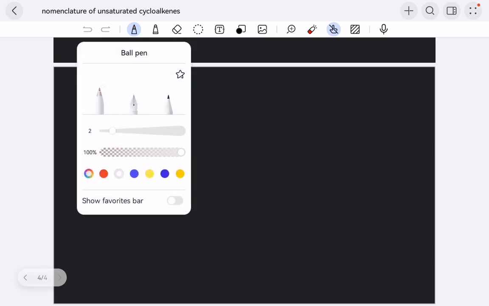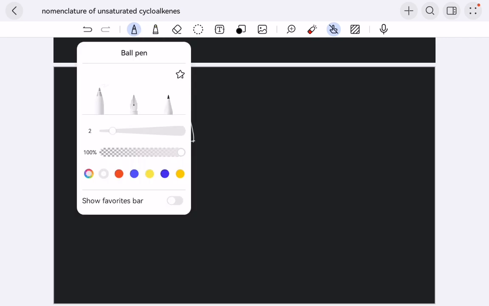Let's look at another example, which we're going to call E. So we have something like this. We have a double bond here, another double bond here, then we have a CH3 there. So how do we do the counting?